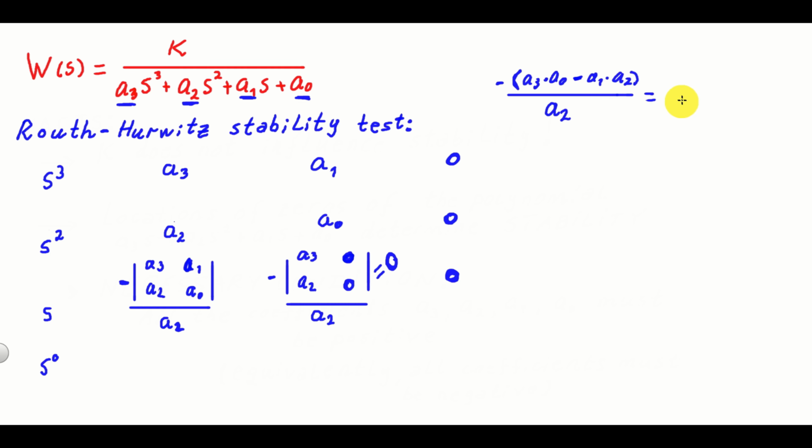Consequently, this entry becomes, in the denominator we have A2, and in the numerator we will have A1 multiplying A0 minus, or actually I have to correct this, it is A1 multiplying A2 minus A3 multiplying A0. And that's it. Simple as that.